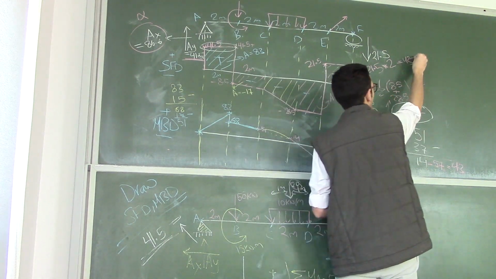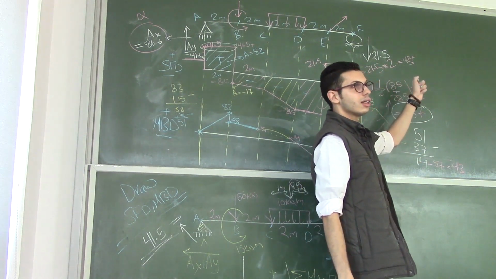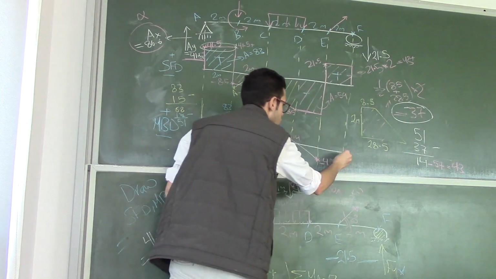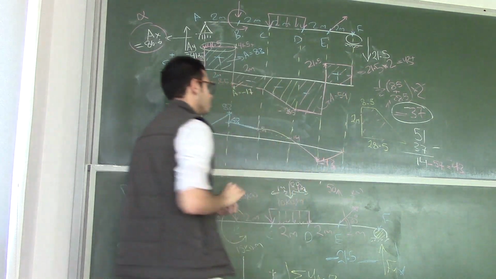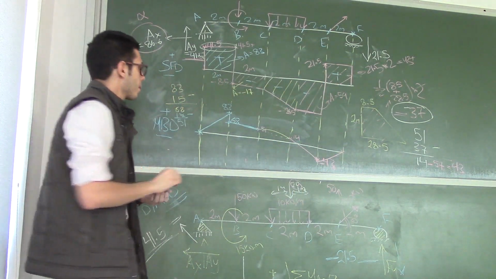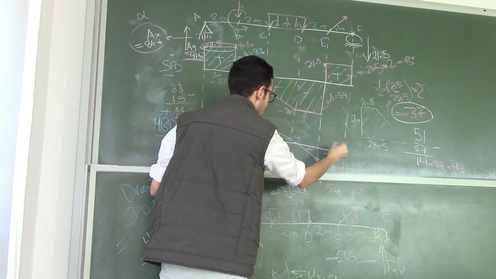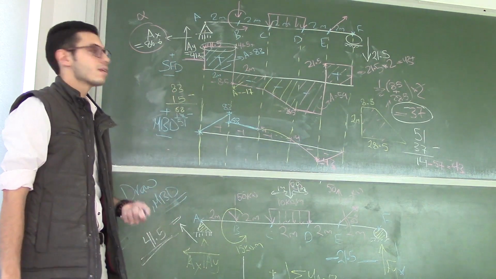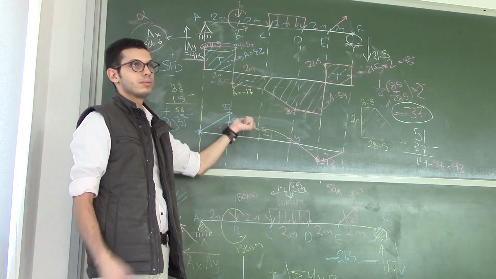And it's positive, so minus 43 plus 43 is 0. So I should end here, and it's a constant, so it's a line. This is the bending moment diagram for this beam.